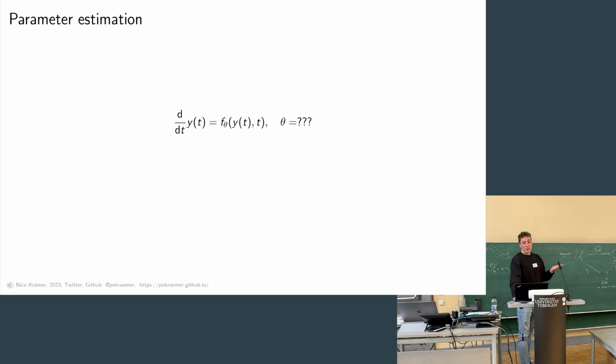So what are we doing with parameter estimation? We have a lack of knowledge, we don't know what theta is, but instead someone gives us a lot of observations of our solution. And conveniently, those observations are on the same grid as our ODE solution. That doesn't have to be the case, but it's a lot easier for notation. So how can we estimate our parameter from these observations?